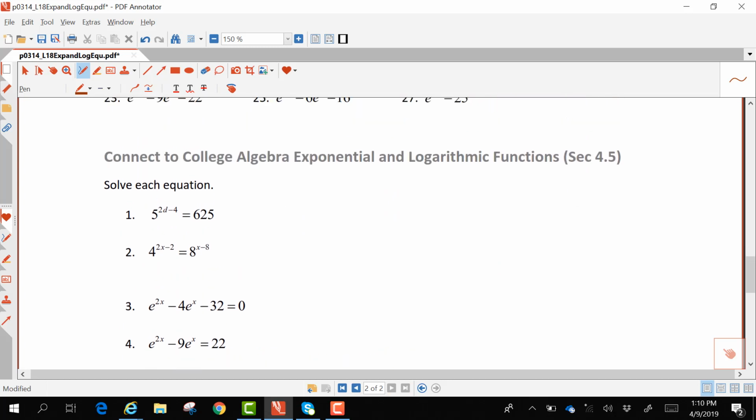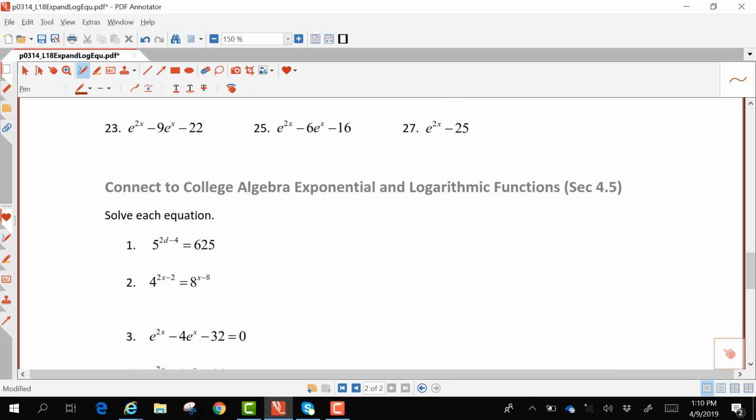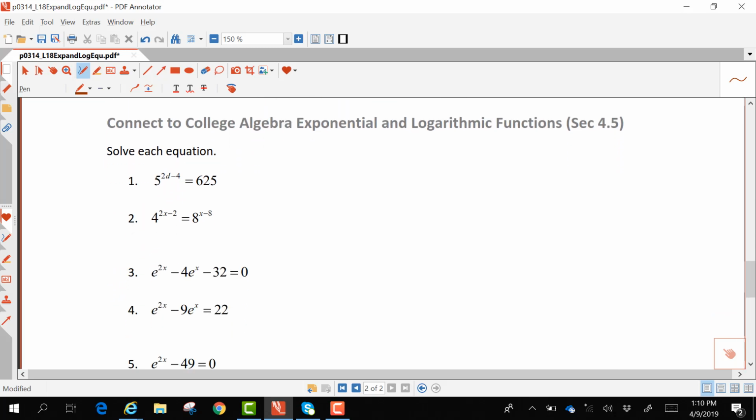Now I'm going to move to the next page, and I'm going to move down a little bit into the connection to college algebra. So in this connection, we're continuing to solve the equation. We're going to go back and use our original skill of common bases on number 1. We have a base of 5, and 625 can also be written with a base of 5. So on number 1, I have 5 to the power of 2d minus 4 equaling 5 to the power of 4.